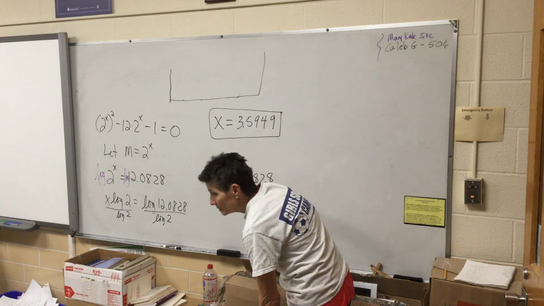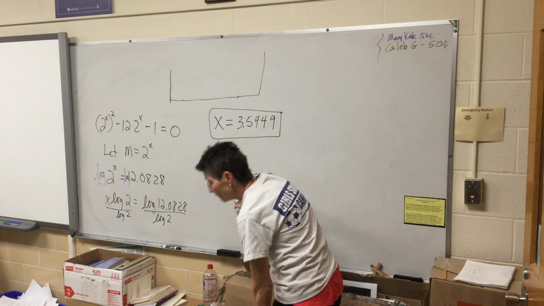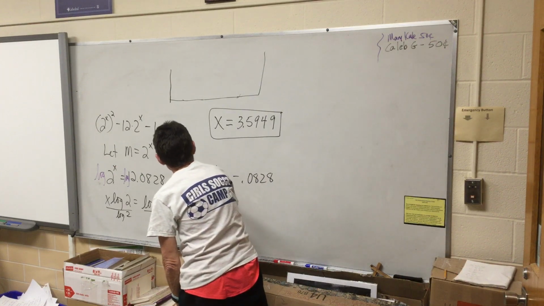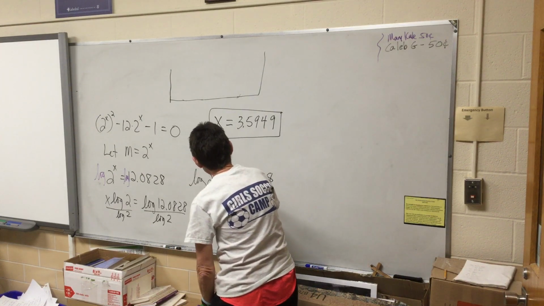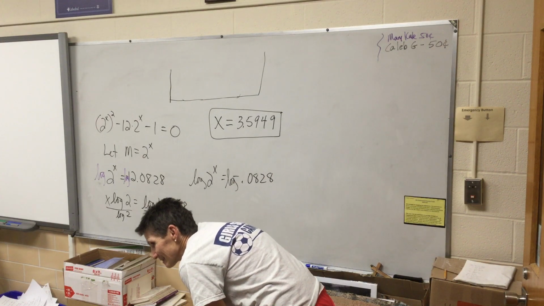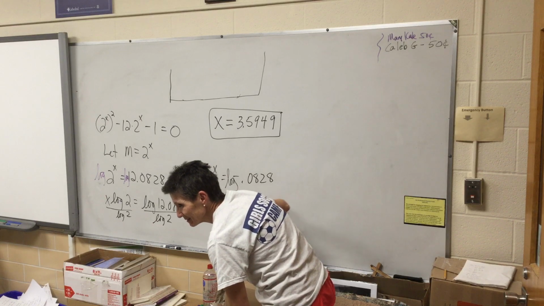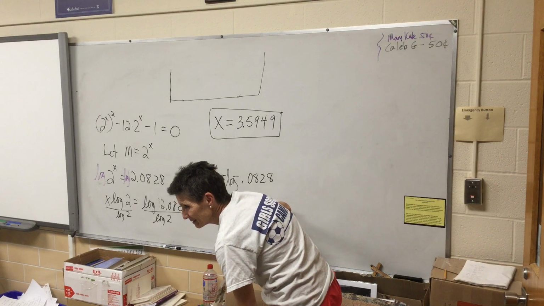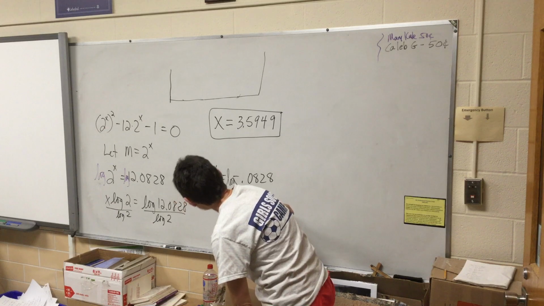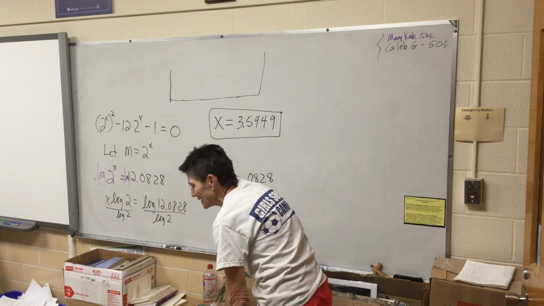Now, am I going to do the same thing here? Yep. But something wild and wacky is going to happen. What do you notice? Can I do this? No, you can go ahead and try, but it's not going to work. You're not going to get an answer because you can't take the log of a negative.